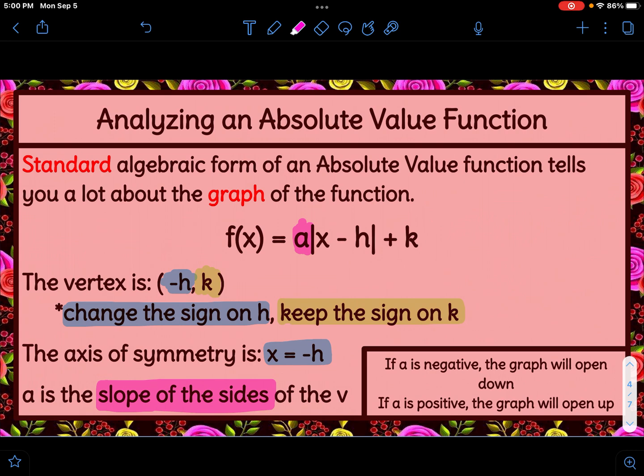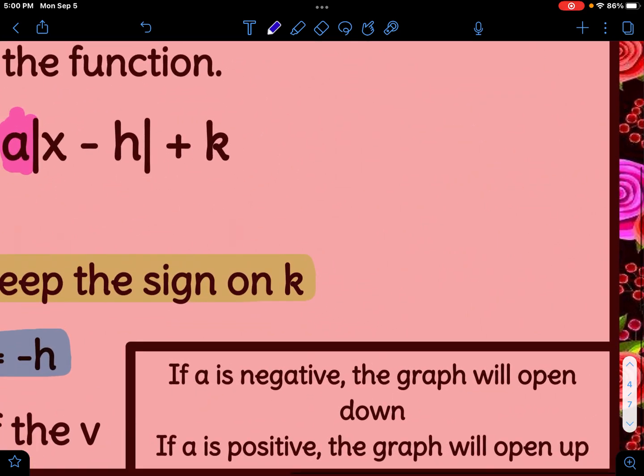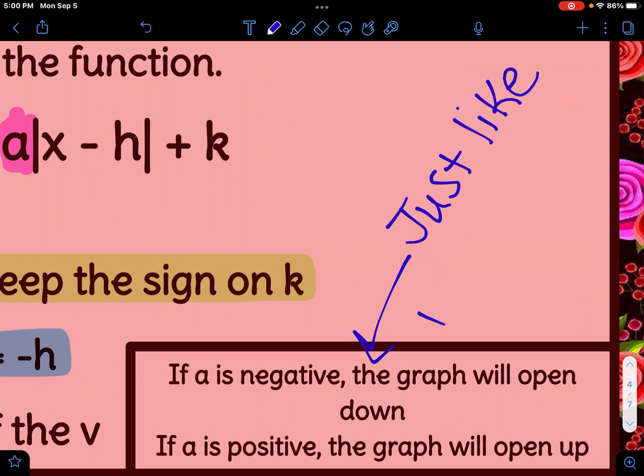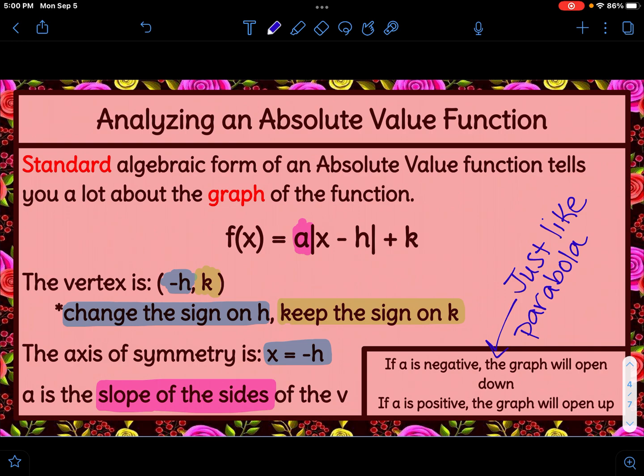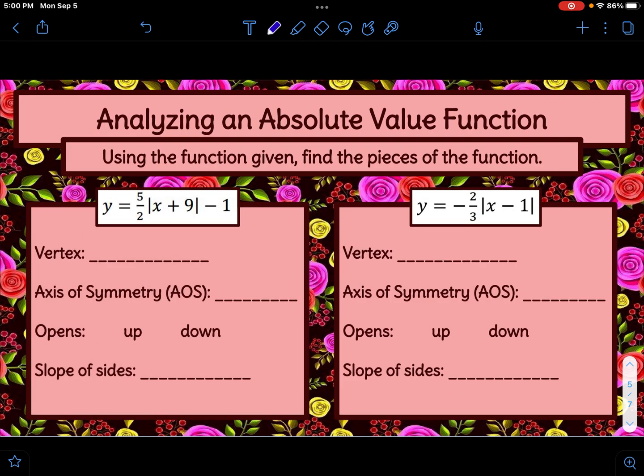If a is negative, the graph will open down. If a is positive, the graph will open up, just like a parabola. Remember that guy? He was funny.